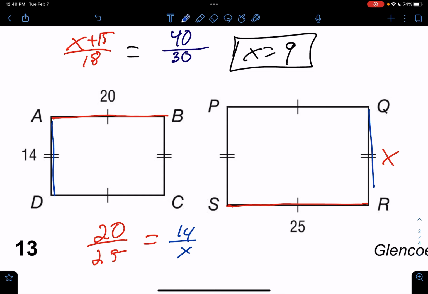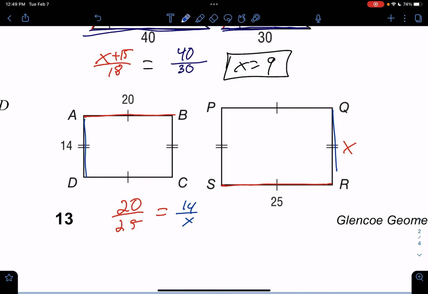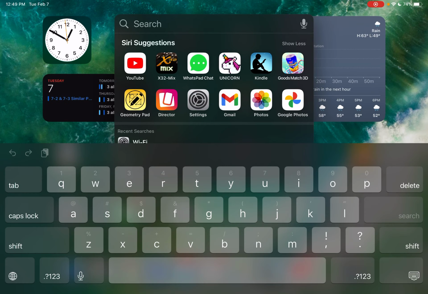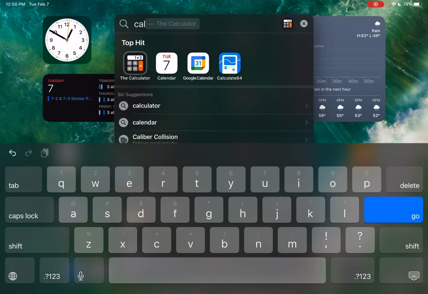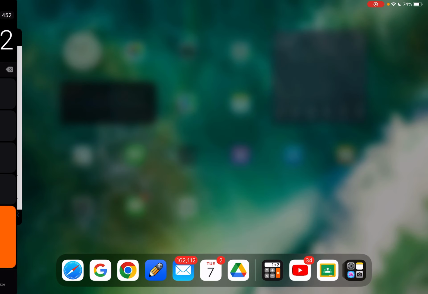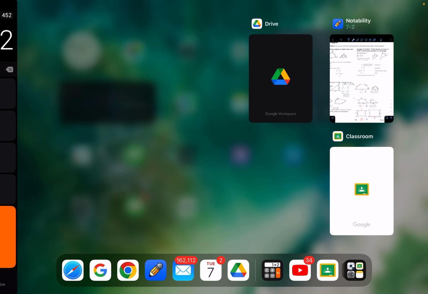Okay, so now of course we're going to calculate this. Let me use a simple calculator.